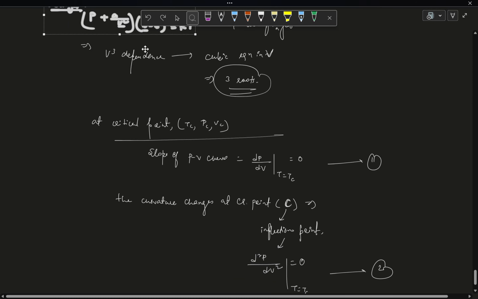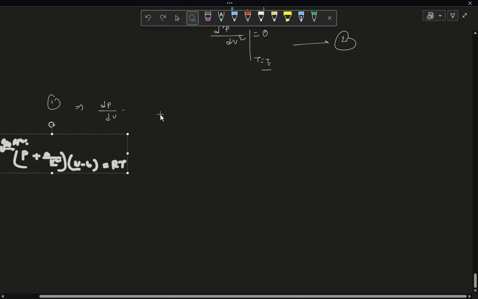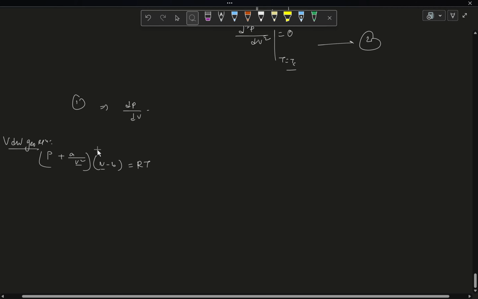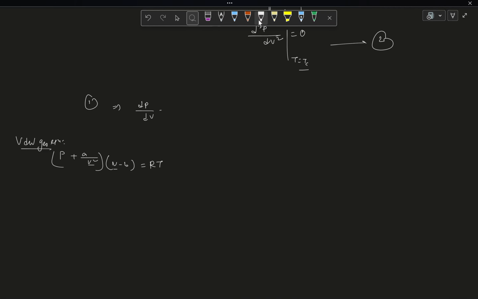Okay. Right, so this was our van der Waals equation, right? So we choose the marker. This was our van der Waals equation.